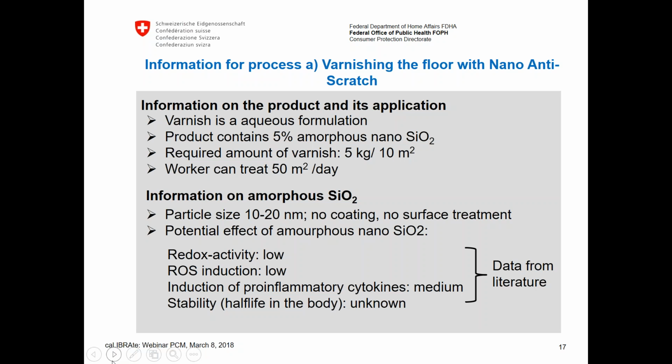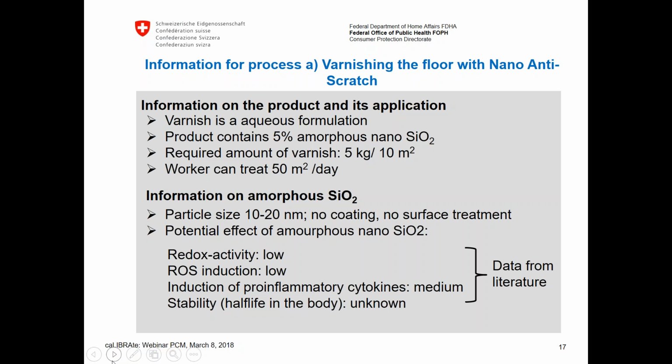The information on our amorphous silicium dioxide we already have would be the particle size, which is 10 to 20 nanometer. Then the particles have no coating and no surface treatment. And the potential effect of the amorphous nano silicium dioxide, which we get out of the literature, is that its redox activity is low.